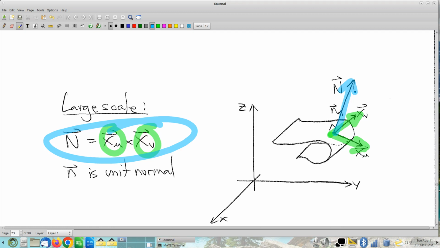That's the vector whose magnitude is the area stretching factor and all that. And then for convenience, we also needed to talk about the unit normal, little n, like so.